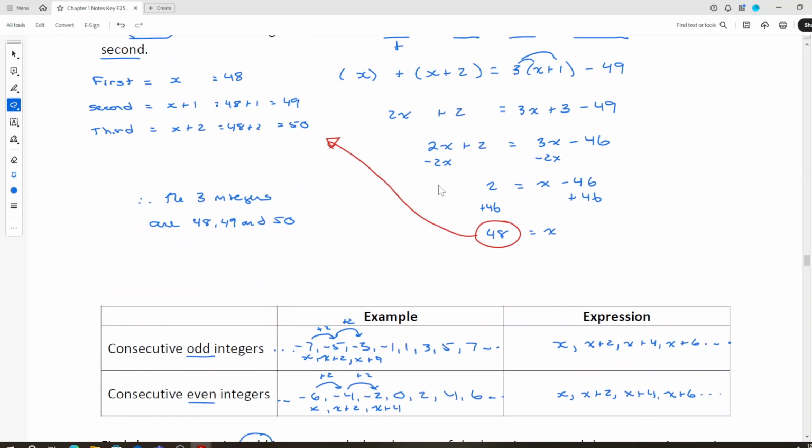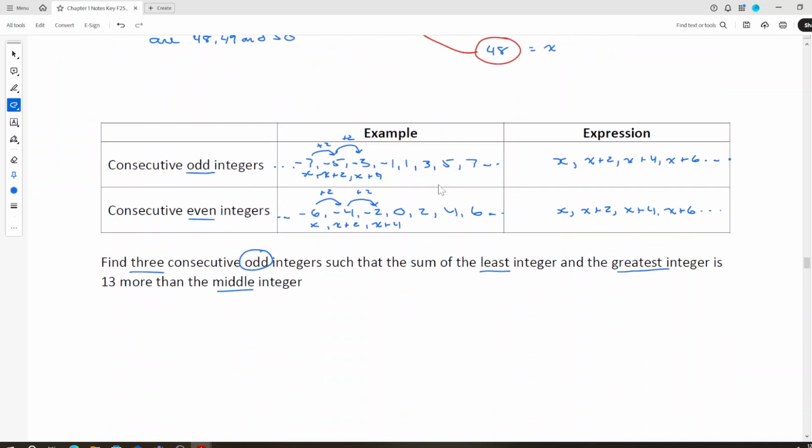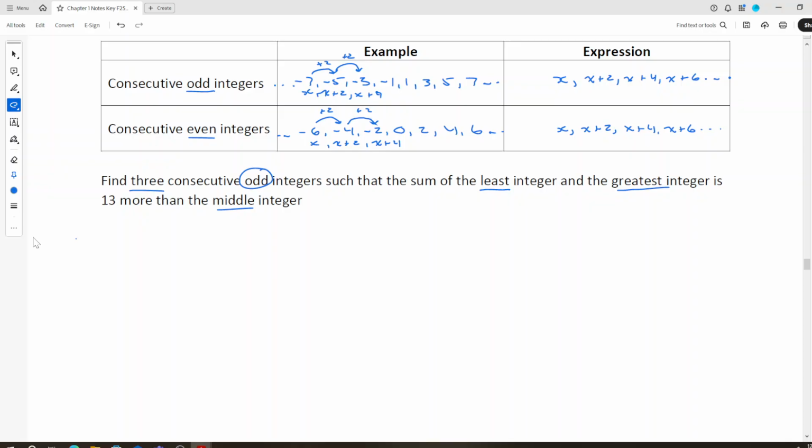The first difference is instead of calling them the first, the second, and the third integer, I'm going to call them the least, the middle, and the greatest. So whatever terms they use in the question, I'm going to use in my let statement. Then because they're odd, I'm going to go x, x plus 2, x plus 4.